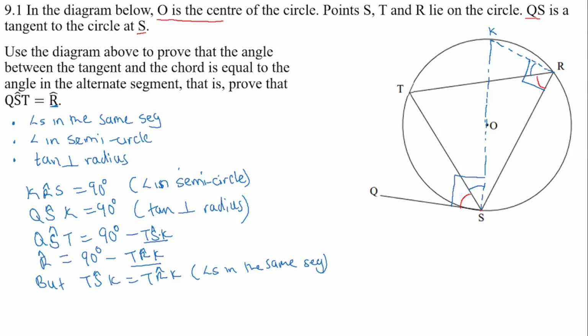We have 90 minus TSK, we have 90 minus TRK, but these two are equal. So we can say, therefore, angle QST is equal to angle R, right? Because 90 minus TSK, 90 minus TRK, and these two are equal. So it means angle QST is equal to angle R.